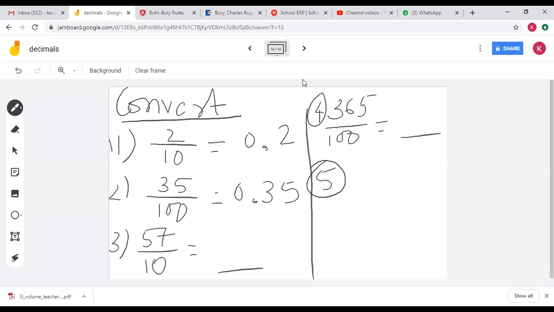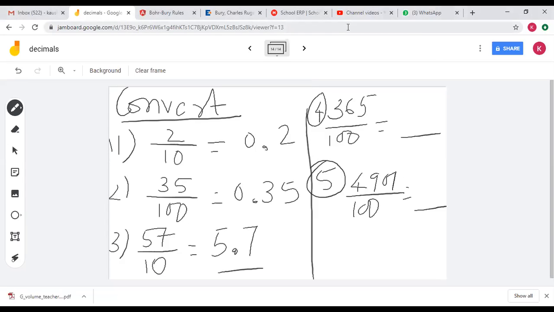Fractions into decimals. Come on. Yes, very good. Come on, write up your answers. Do it fast. This is very easy.